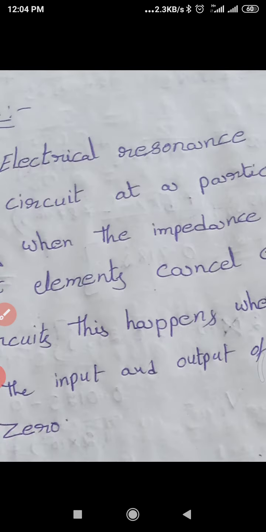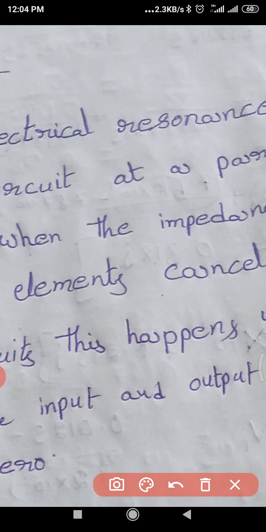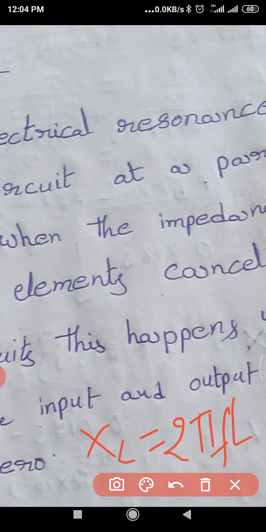If you consider XL, what is the formula? XL is equal to 2 pi FL, so frequency is present in the system. Similarly, XC is equal to 1 by 2 pi FC, which also has frequency. The frequency at which XL becomes equal to XC is called the resonance frequency.